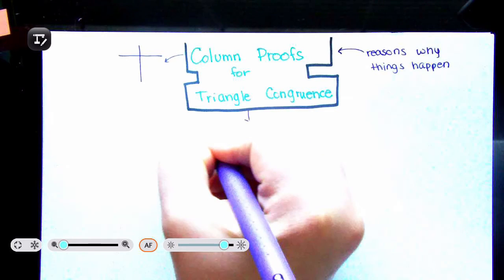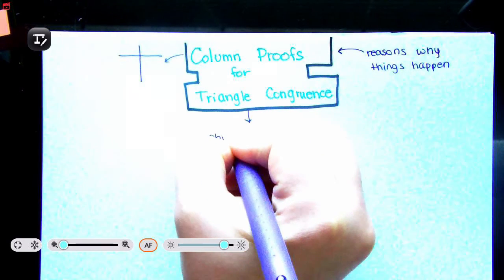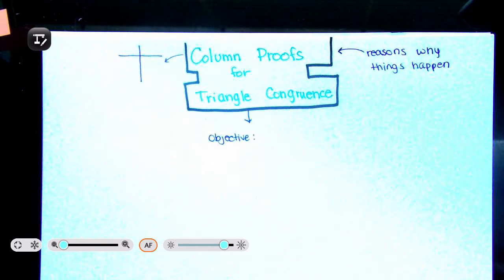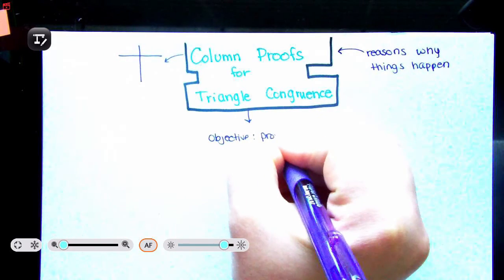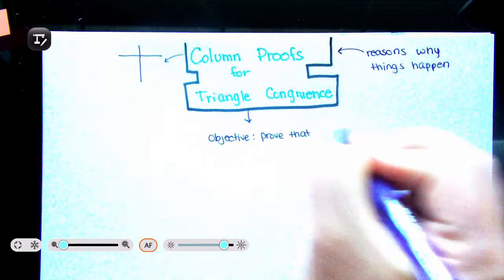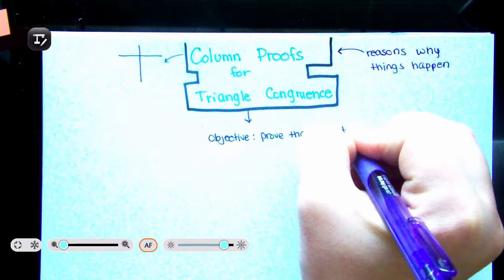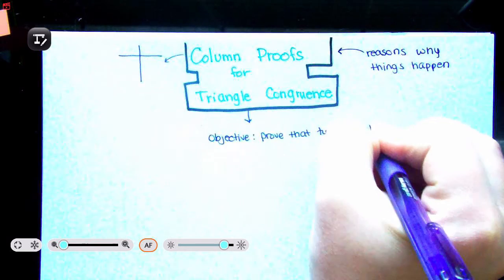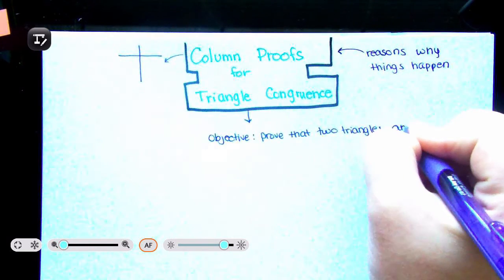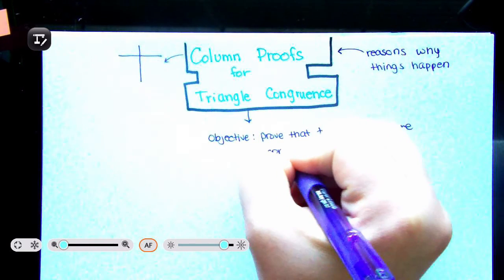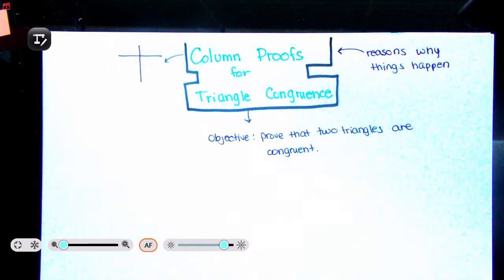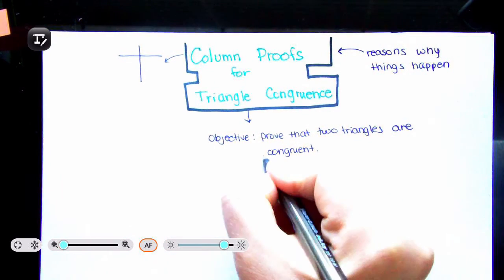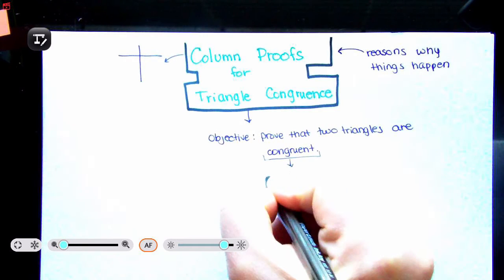So our objective when we are doing these column proofs is to prove that two triangles are congruent. And again, if you recall what congruent means: equal in measure.